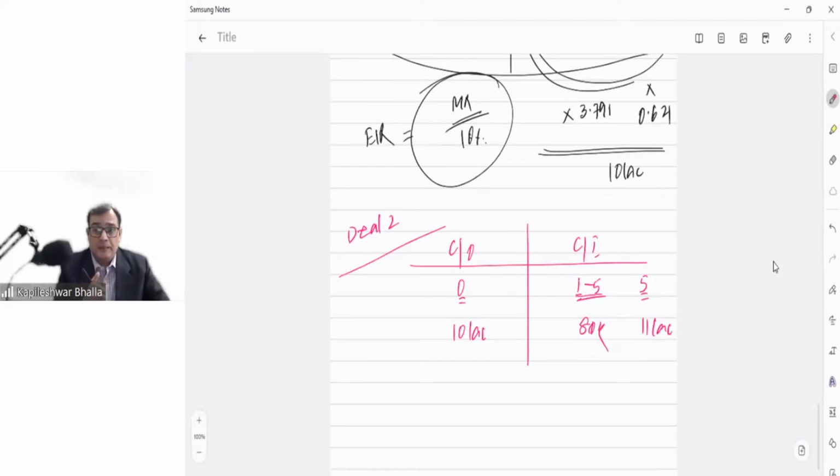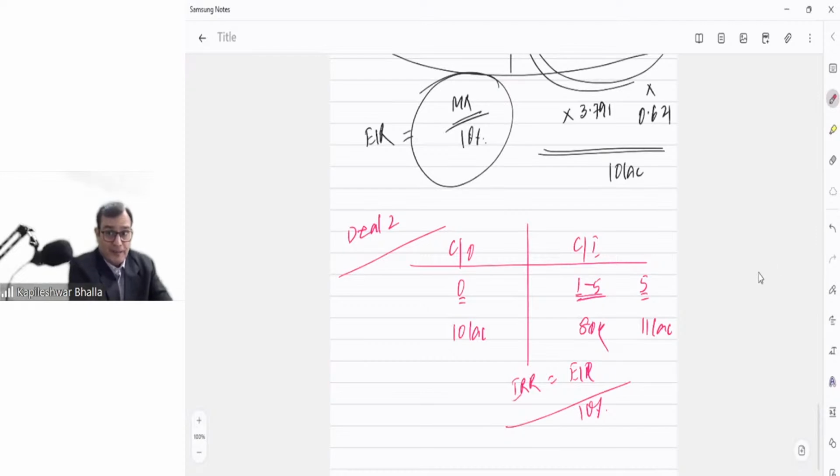If that 10% premium on redemption exactly compensates me for the loss of 2% every year, do you think the internal rate of return of this deal, the effective interest rate of the deal, is going to come to 10% itself or not?